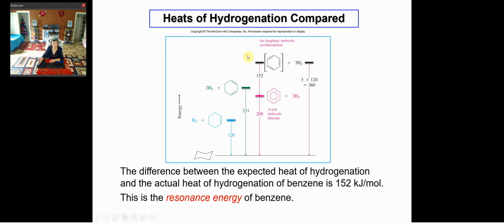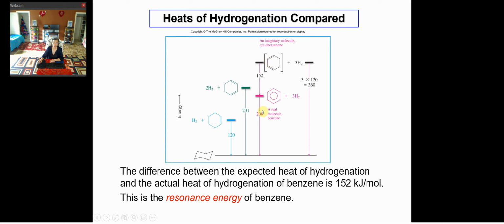For your benzene, based on this cyclohexene, which is 120 kilojoules per mole in terms of the heat of hydrogenation, you should need 360. However, in the actual reaction, you only need 208 kilojoules per mole, meaning this benzene is much more stable than what we think it is.